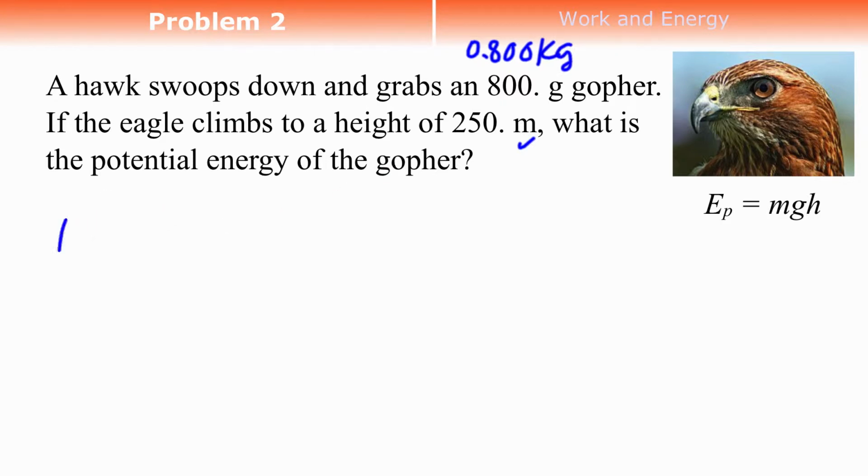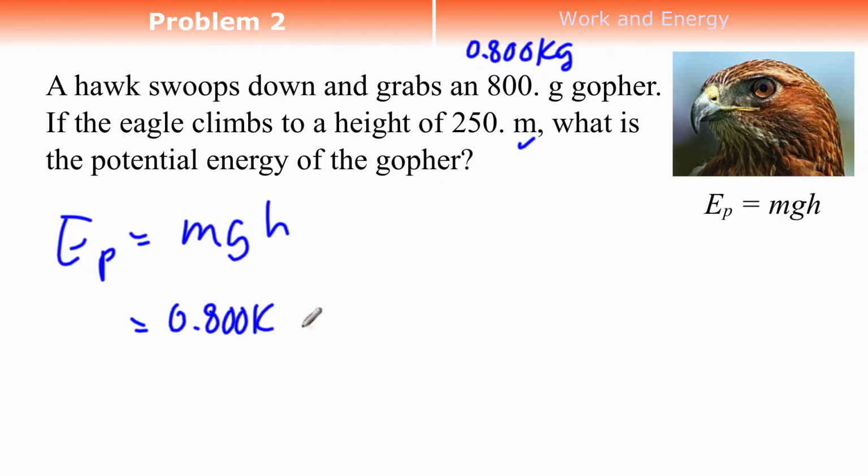Okay, so potential energy is equal to mass times gravity times height. The mass is 0.800 kilograms. Gravity is 9.8 meters per second squared times the height, 250 meters.